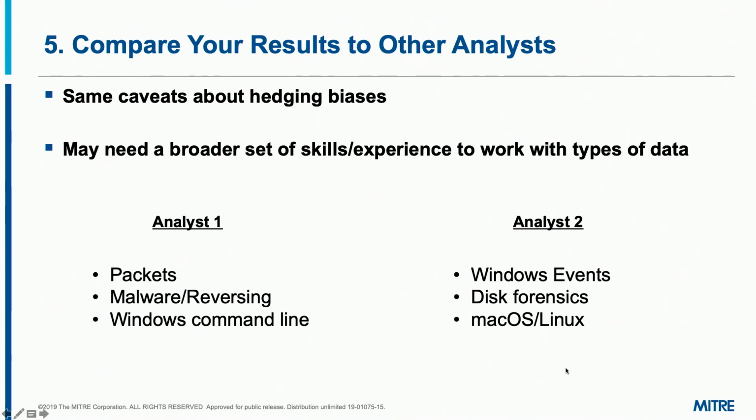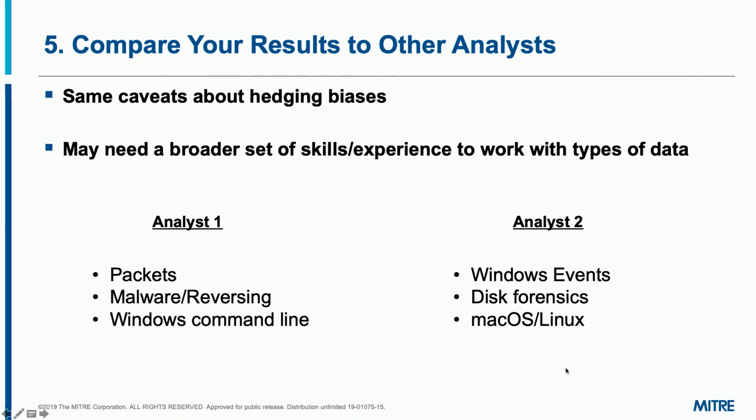And so finally, the last step, very similar to finished reporting, you're going to want to compare your results to other analysts. So there are the same caveats here as what Katie talked about earlier about hedging biases. We want to make sure that we're bringing together diverse viewpoints in order to have our best analysis possible. But there's an extra hiccup here with working with raw data. We may actually need a broader set of skills and experience to work with different types of data.